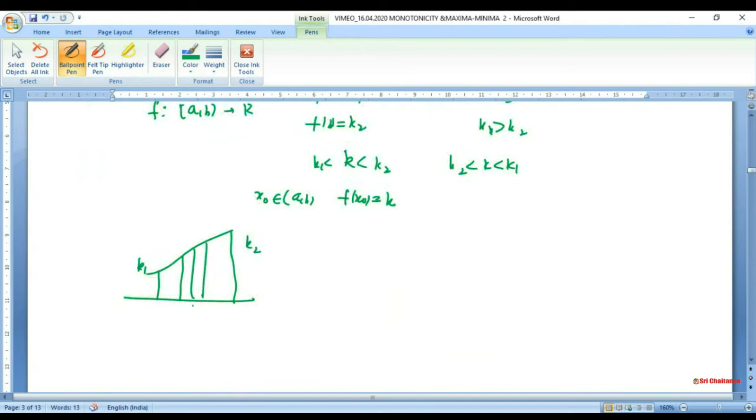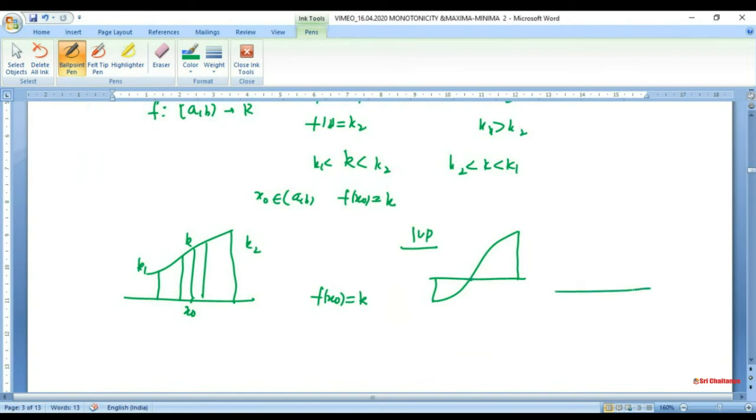In particular, for any height k, there is some x naught such that the value of f at x naught equals k. There is at least one such x naught; there may be more than one also. So this is called the intermediate value property, and a special application is that if k1 is negative and k2 is positive, then at least once it will have a root, some zero will be there.